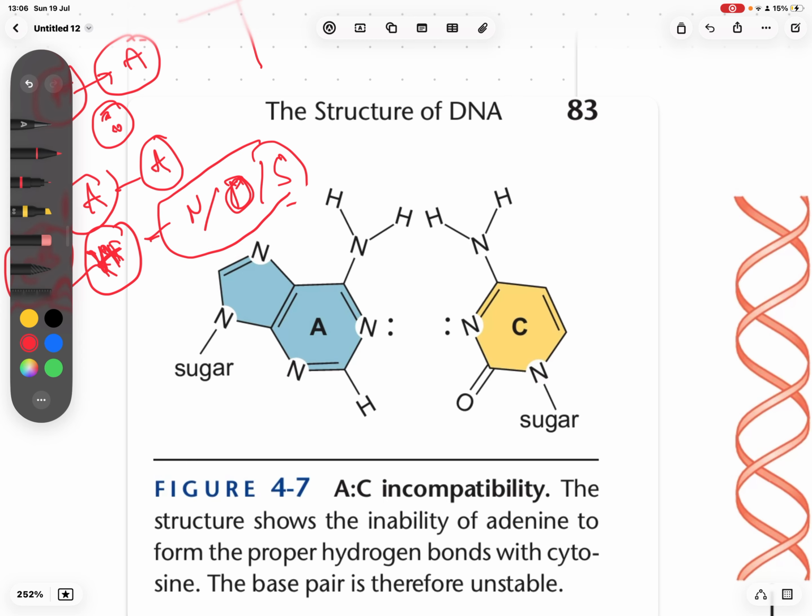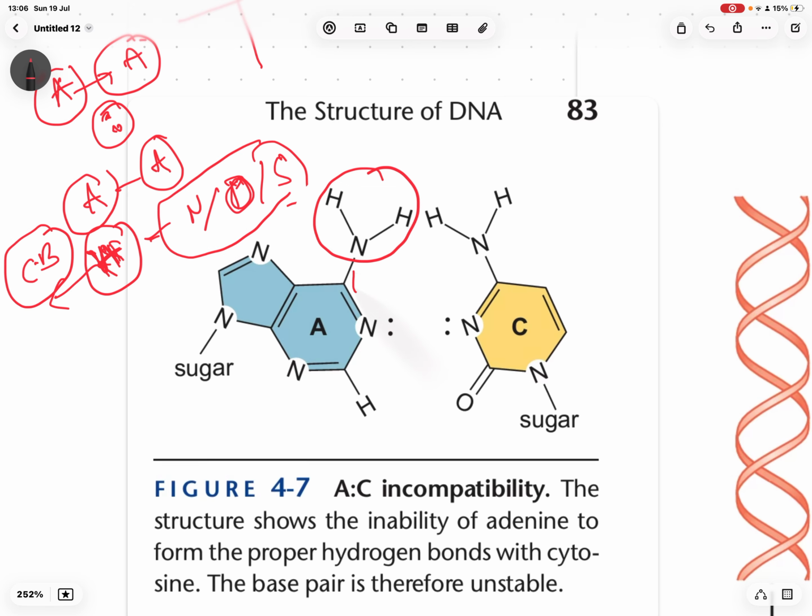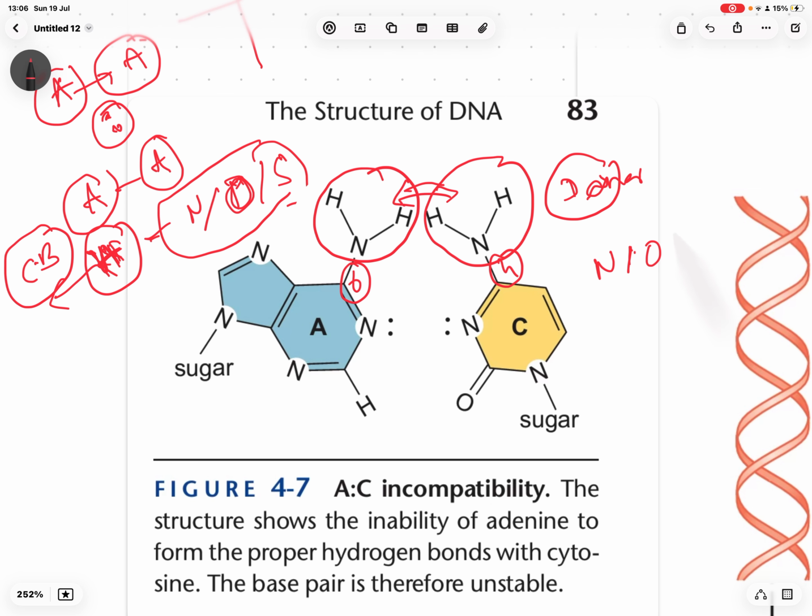And similarly we can see this is the fourth atom which has the amino group. Both are only donors, so there is no acceptor, no nitrogen atom or oxygen atom with a lone pair of electrons to form the hydrogen bond between them. That's why the adenine cannot form a hydrogen bond with the cytosine.